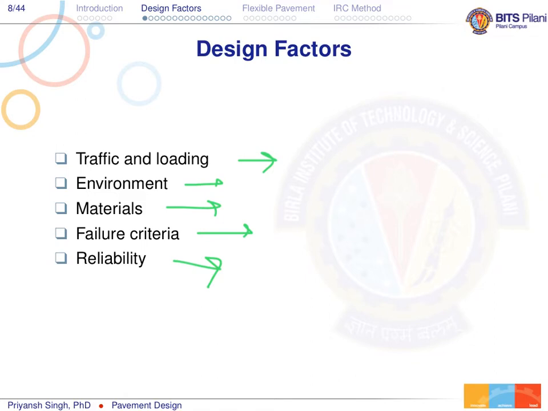Higher reliability will cause you a more costly design. Lower reliability will cause you a relatively less costly design. So in the cases when road infrastructure is less important, like rural roads, etc., you may select a lower reliability, while in the case of national highway or expressway, you might need to select a high reliability design. Let's see all these factors one by one.